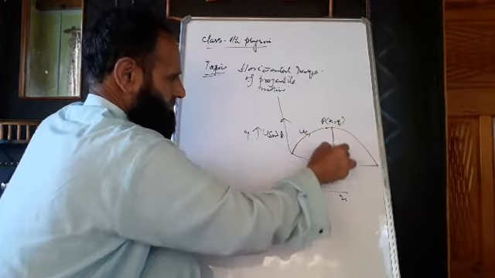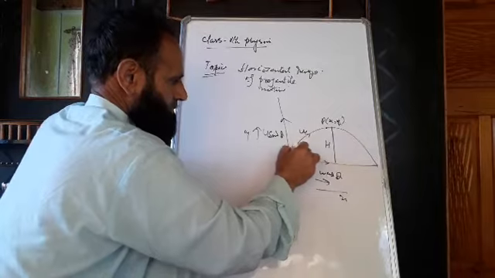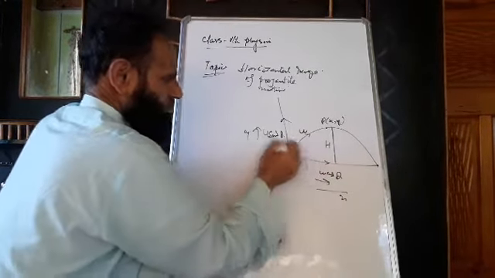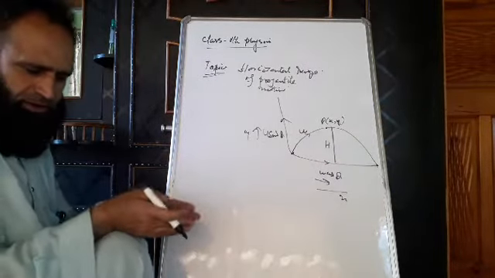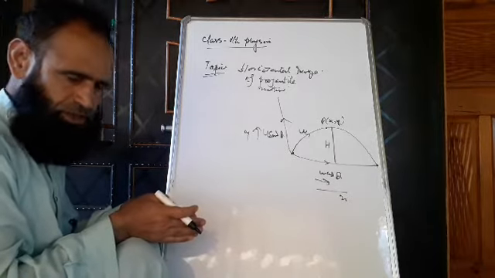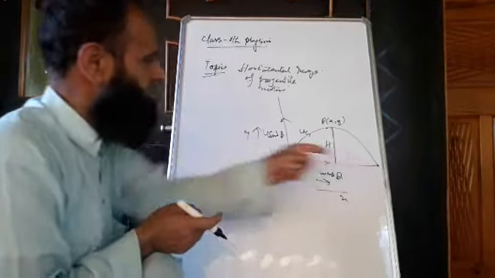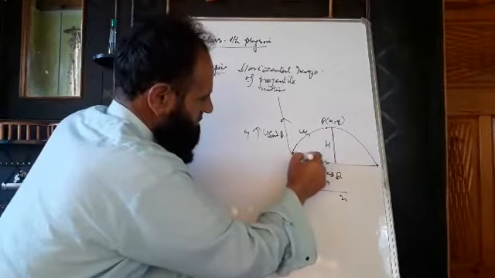It is the maximum height. From the point of projection to the point of hitting the ground, this is the distance covered by the projectile.